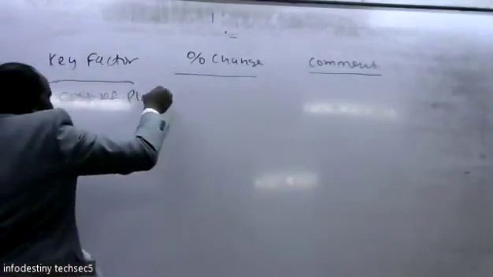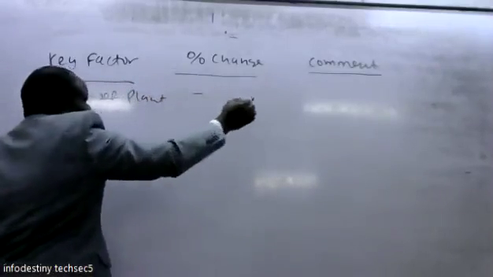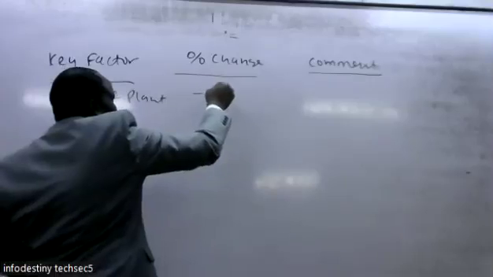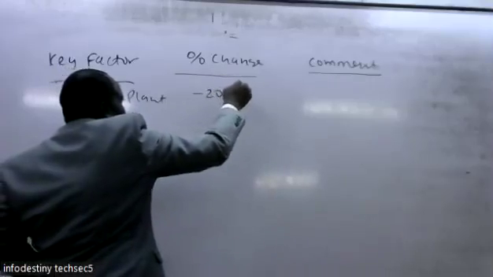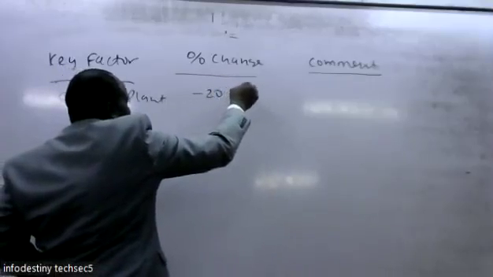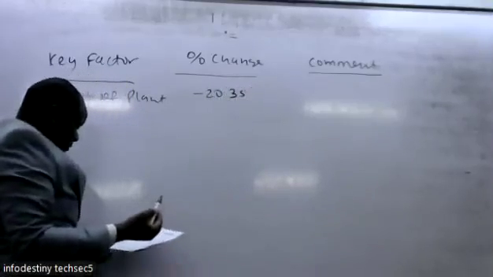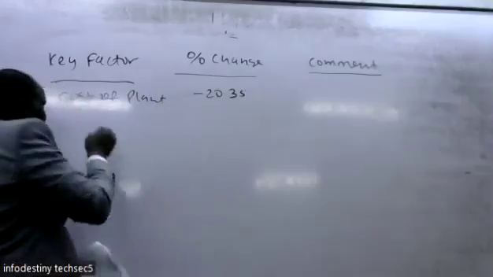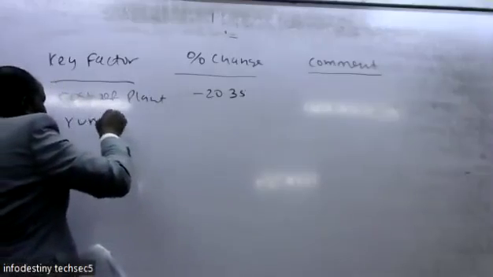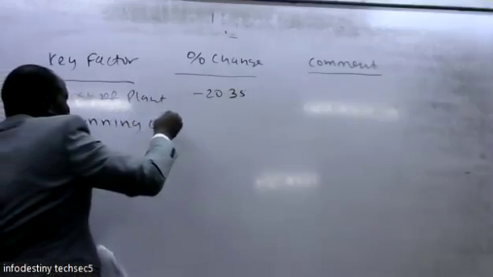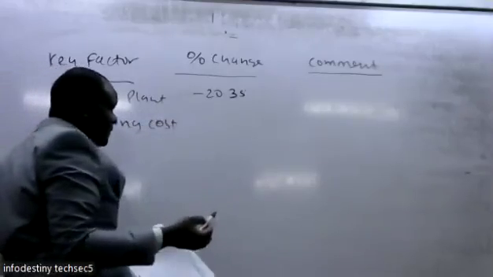So then, negative 20.35. Then the second one is meant to be running cost. So running cost, how much?